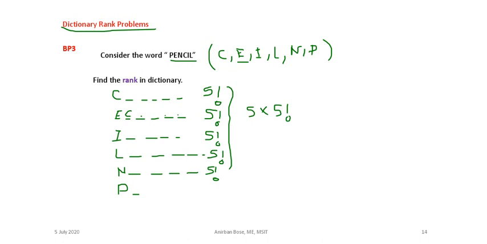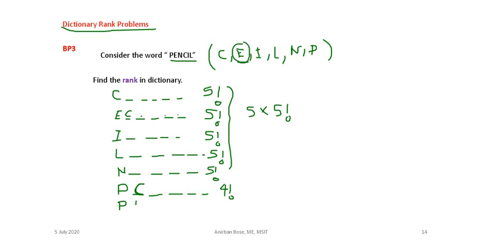Now P will come first, and then what will be the next letter? Definitely the next letter will be C. After C, how many letters? 1 2 3 4. So in these 4, how many different possible ways are there? That is definitely 4 factorial. So now after that, what is the next letter?